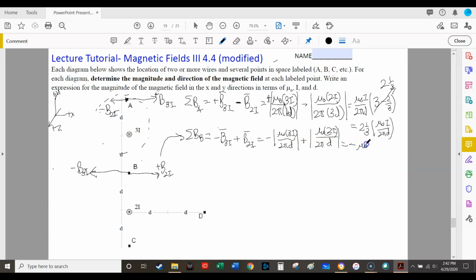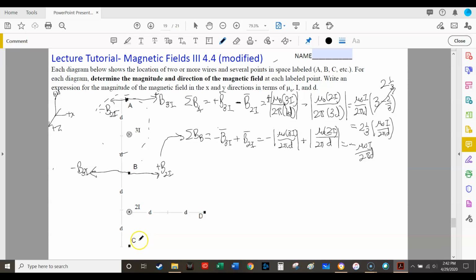It'll just be negative mu naught I over 2 pi d, right? You have negative 3I plus 2I, and they're both d's apart, so all that stuff will just factor out, and you just get this.